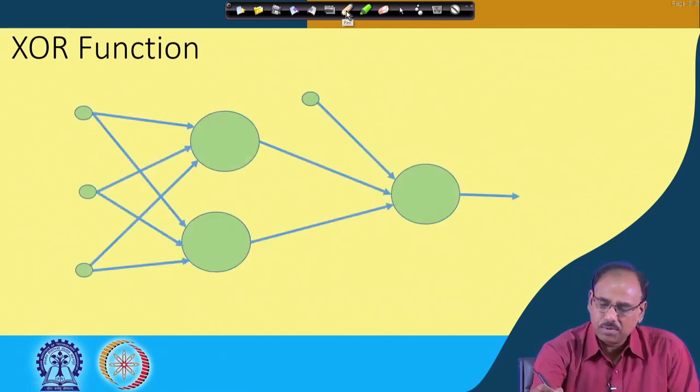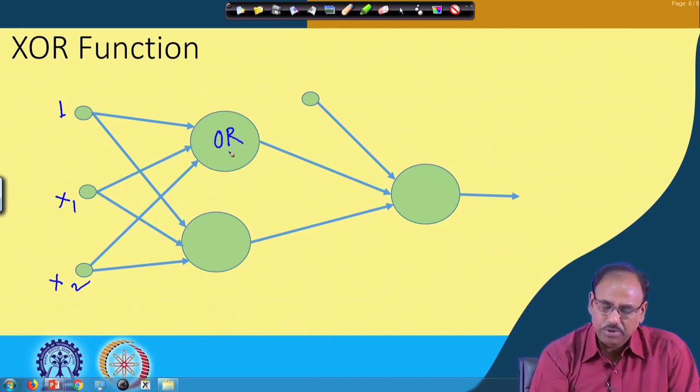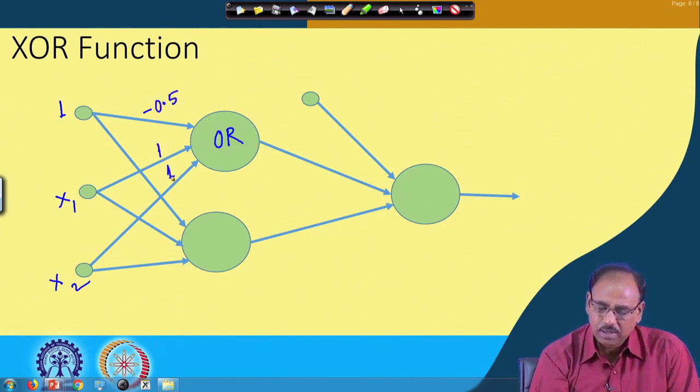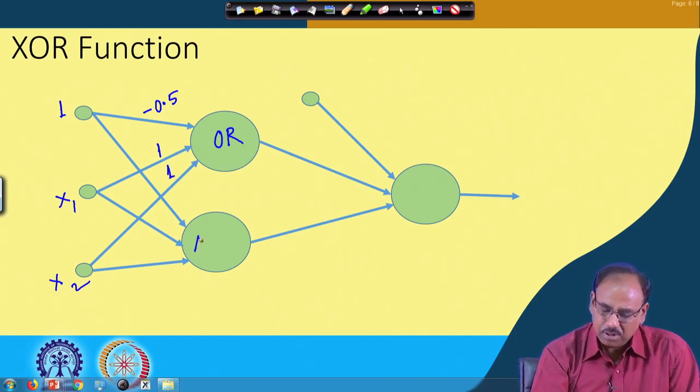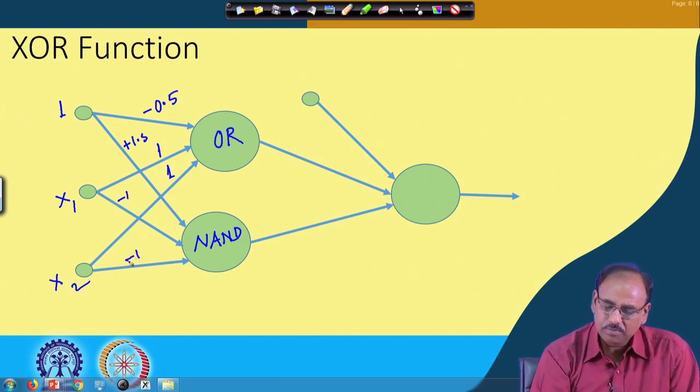So, here I put my input to be again 1, x1, x2. Suppose this first neuron computes OR operation. So, we know that for OR operation, my weight vectors should be minus 0.5, 1 and 1. And suppose this second neuron computes NAND operation, for which I have to have weight vector as plus 1.5, minus 1 and minus 1.